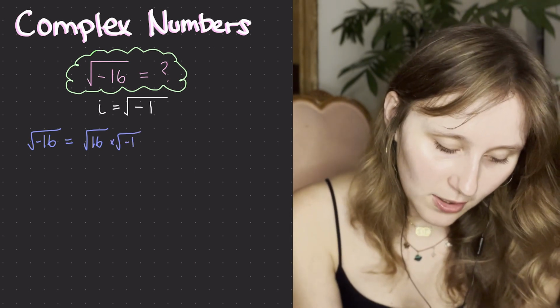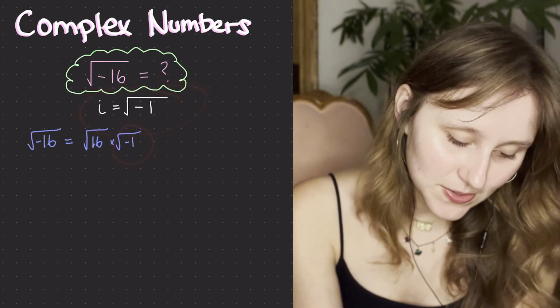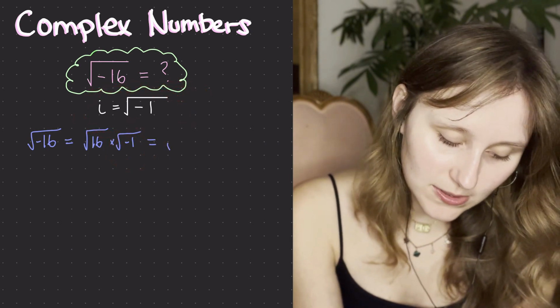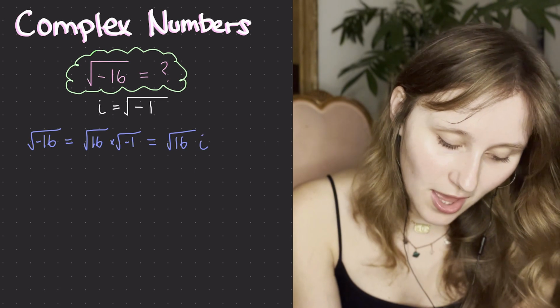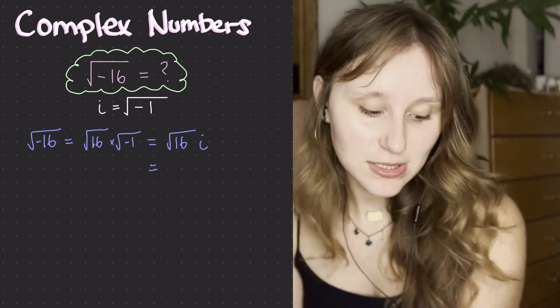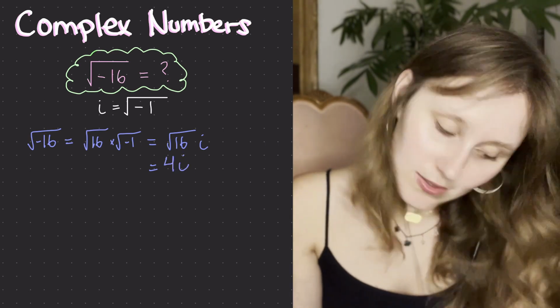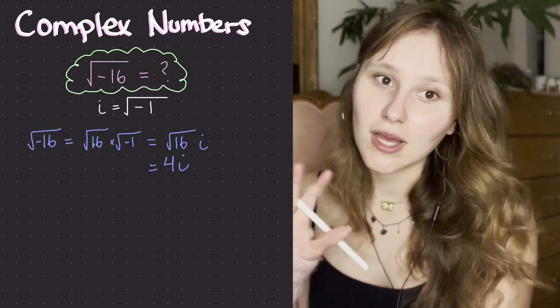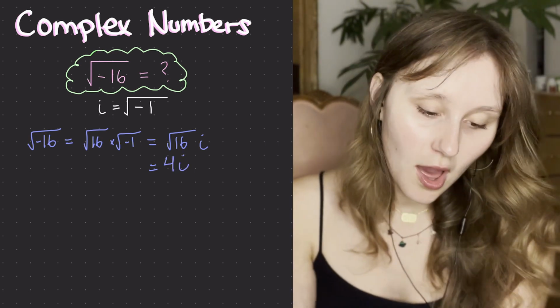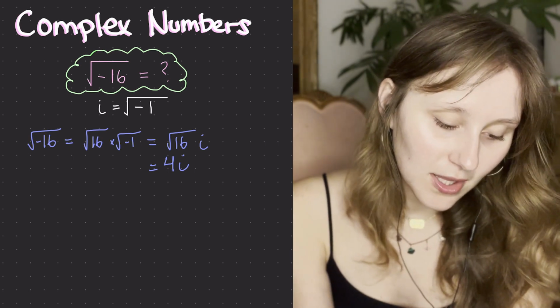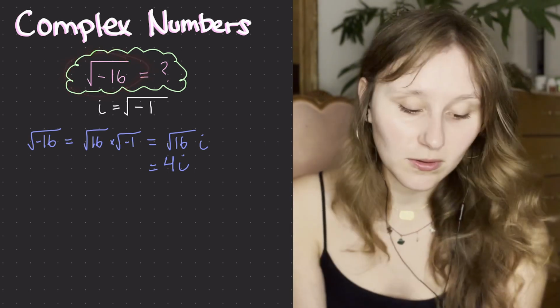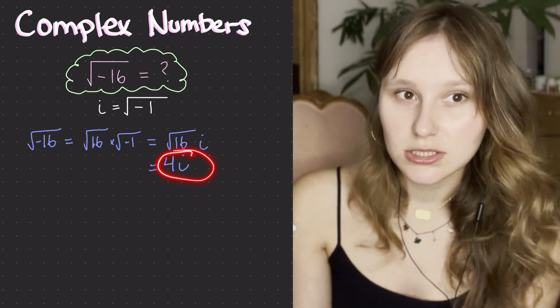That -1 is the same as i, so I get root 16 i. And what is the square root of 16? It's 4. So boom, that's the idea here. Instead of something looking like this in the math world, we want something that looks like that.